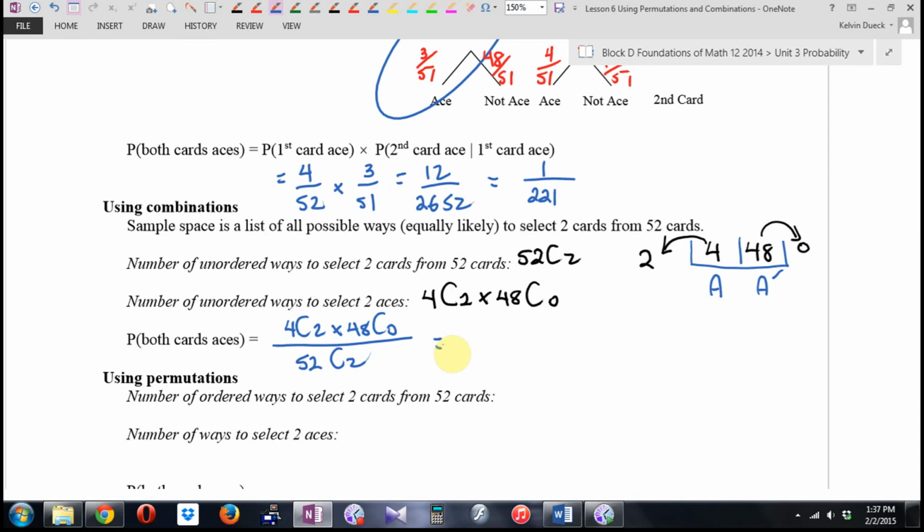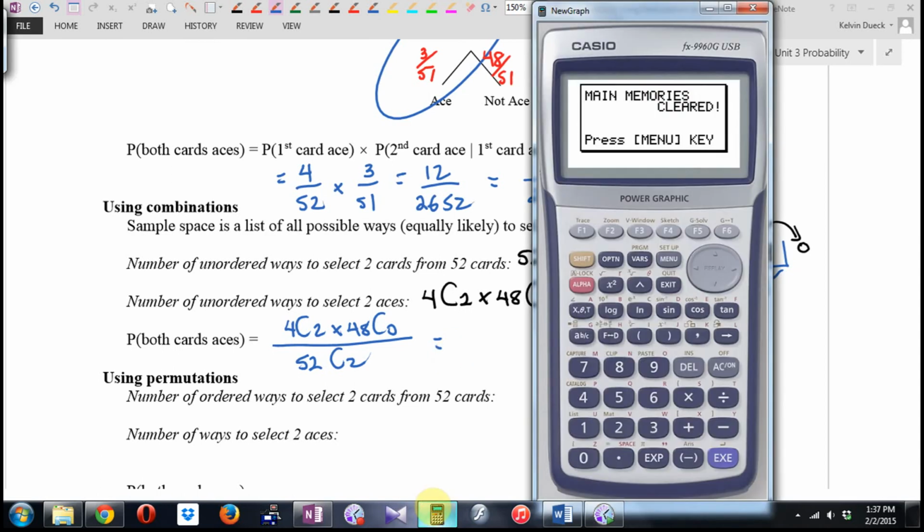Okay, now for those that have your calculators here, it was option, arrow sideways. Oh, that's why this was under the probability menu, because we're going to be using it here. So it's going to be bracket 4 choose 2 and 48 choose 0 divided by 52 choose 2.